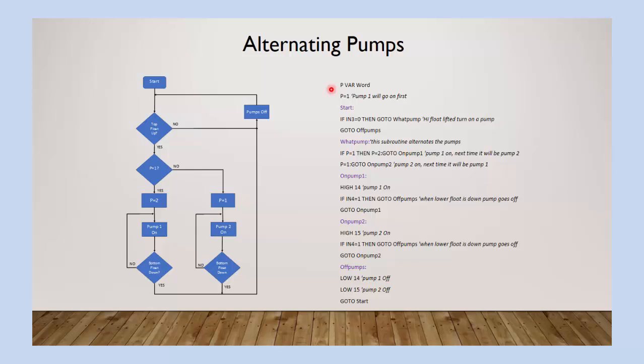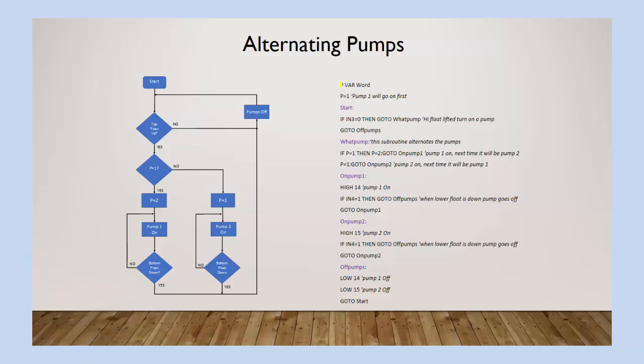And we have our program that I wrote after drawing the flow chart. I like to draw the flow chart first and then do the program. It's the same program as before, when we had one pump with 2 floats, with a little bit added. And I'll highlight the added parts.